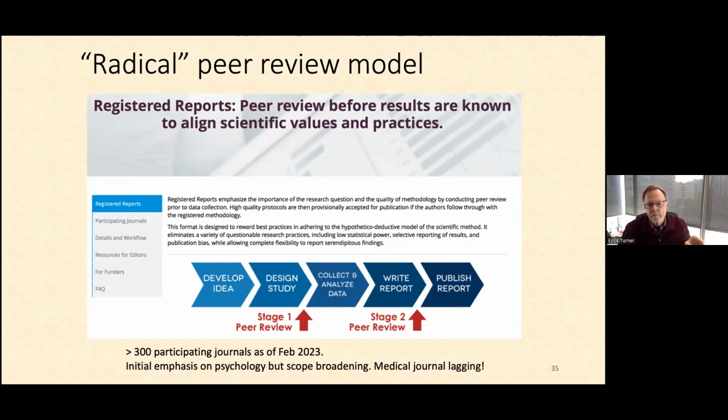And again, before the study is done, everyone's optimistic. It's only after the fact, when some turn up negative, that people start hemming and hawing and say, well, I should try this other way, or maybe we don't publish it. So with registered reports, there is a stage 1 peer review, which is before the data have been collected and analyzed. And then stage 2 is basically what we have now after everything is done.